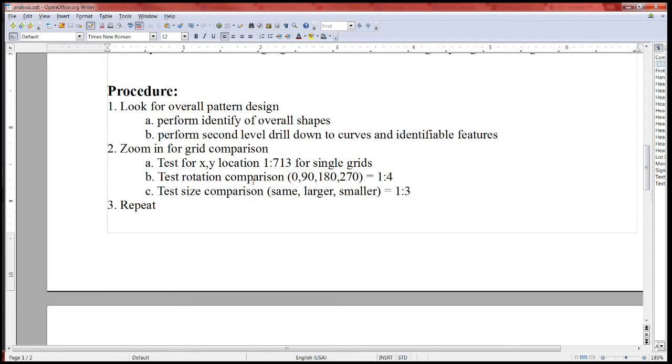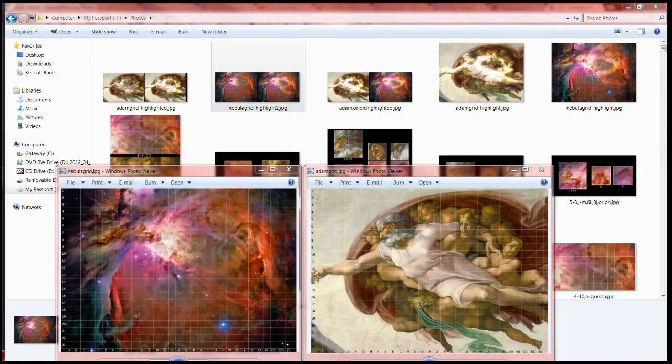The first thing we're going to do is take a look at the overall pattern design. What that basically means is that we're going to look at everything as if both images were really far away. We're not going to look at the extreme details to begin with. We want to get a general look from far away to see if they relatively look the same. So here are our two images.